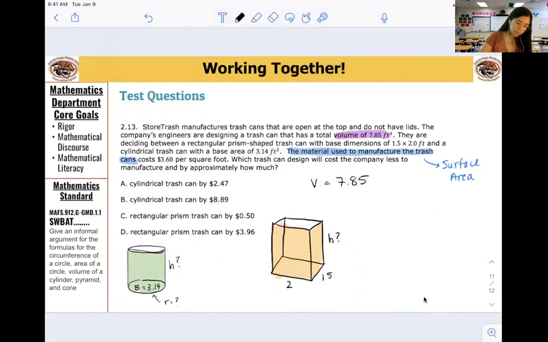Since the volume is 7.85, we know that volume is length times width times height. We can solve and get the height. The length is 2, the width is 1.5. I don't know the height, but I can find it. 2 times 1.5 is 3.